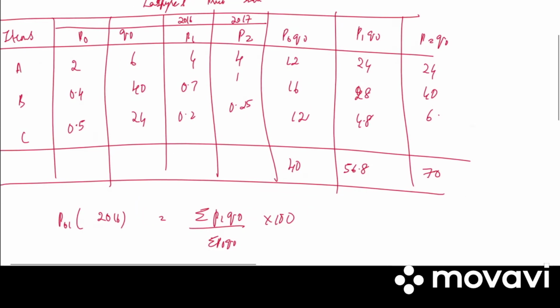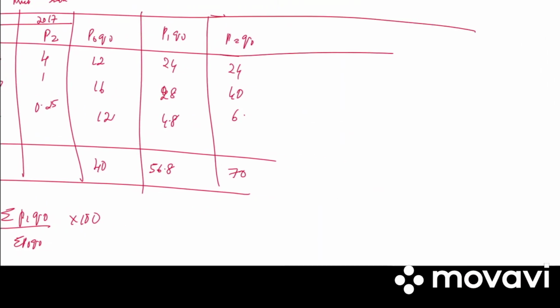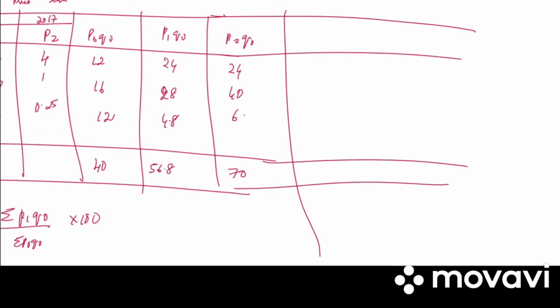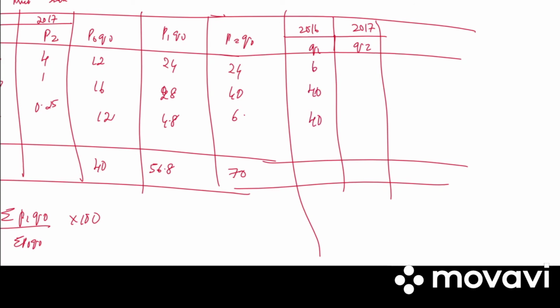You can either continue in the same table or you can draw a new table. For the year 2016 and 2017, Q1, Q2: 6, 40, 40, 8, 36, 32.